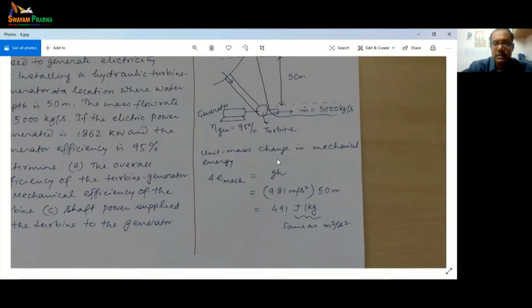So here the per unit mass change in mechanical energy, let's say we designate it with delta small e mech, is only the head, the potential energy change that's happening. Okay, so this is gh.